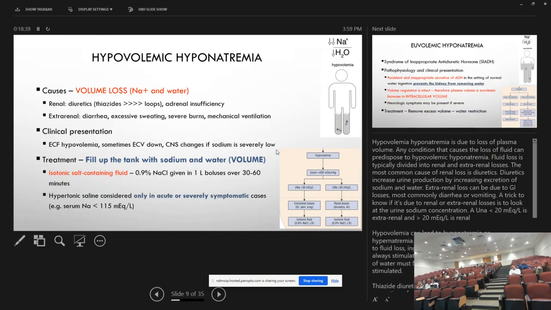So going back to hypovolemic hyponatremia, the cause is a volume loss. You're definitely going to lose sodium and water. Some causes would be diuretics, thiazide or loop diuretics, but more commonly thiazide diuretics. This is a common cause of chronic hyponatremia.